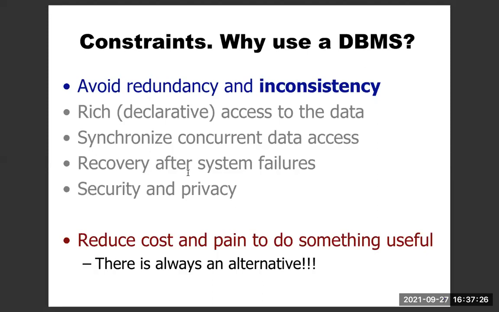Primary keys and foreign keys may solve some inconsistency problems. And declarative access to data, and maybe some special commands to synchronize data access, like locks, and to perform recovery and provide security and everything. So in most cases, a database management system allows us to reduce the cost of doing something, to make something better, maybe faster, maybe cheaper, but that's not the only way to reach our goals.